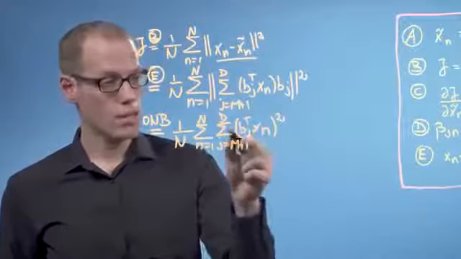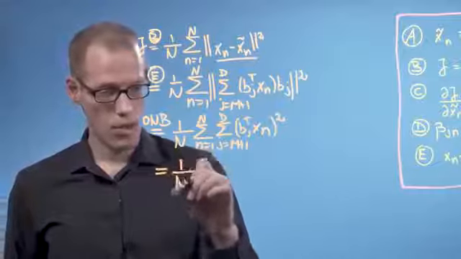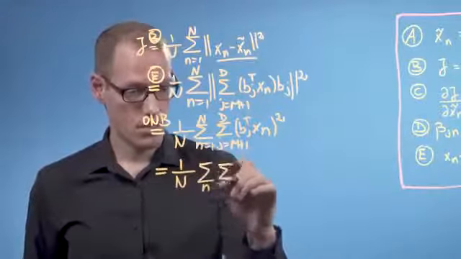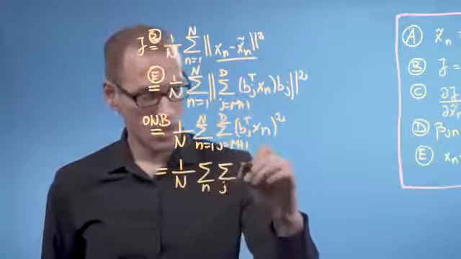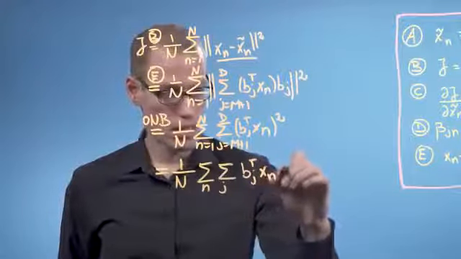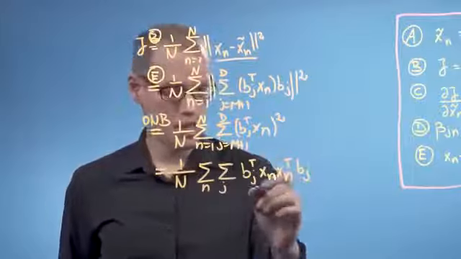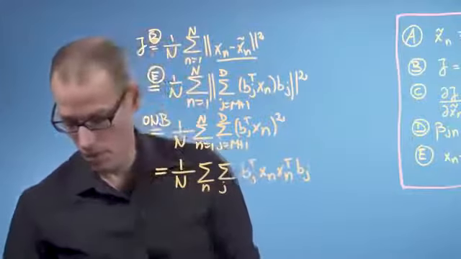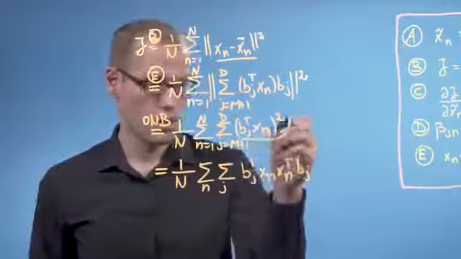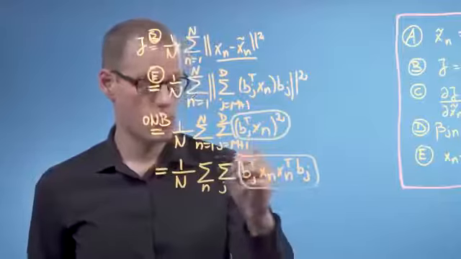And now we're going to multiply this out explicitly, and we get 1 over n times the sum over n times the sum over j of bj transpose times xn times xn transpose times bj. So this part is now identical to this part.